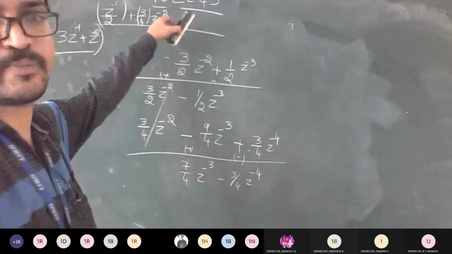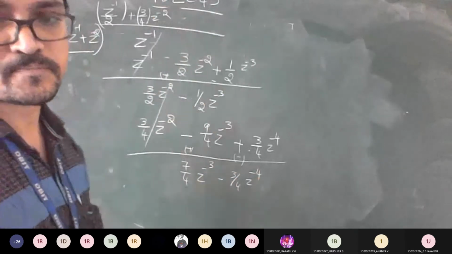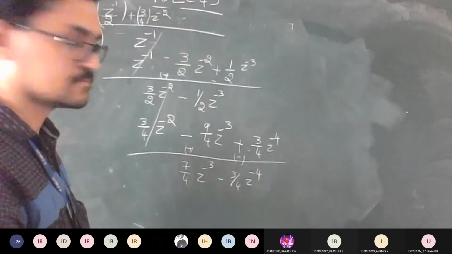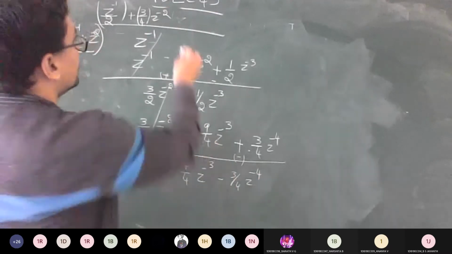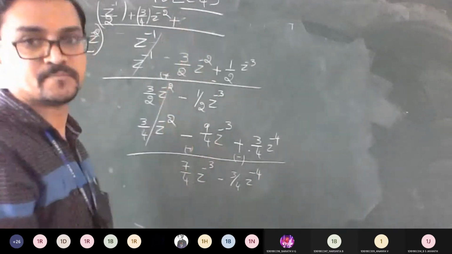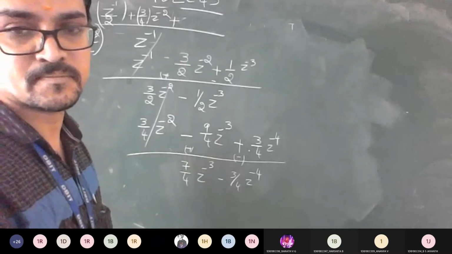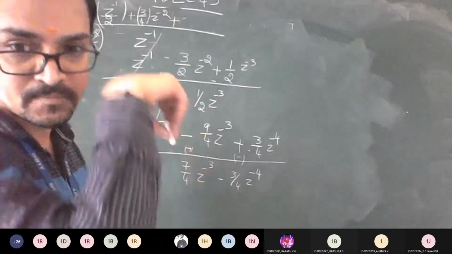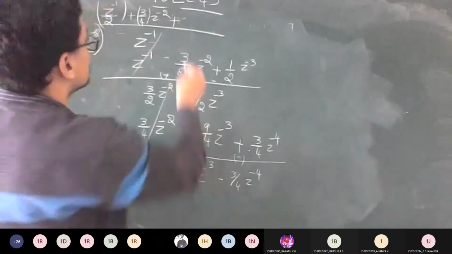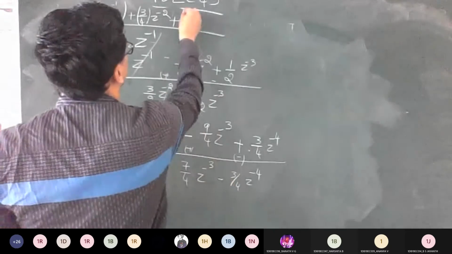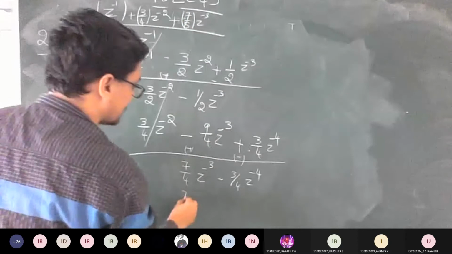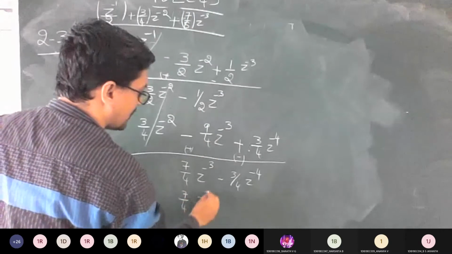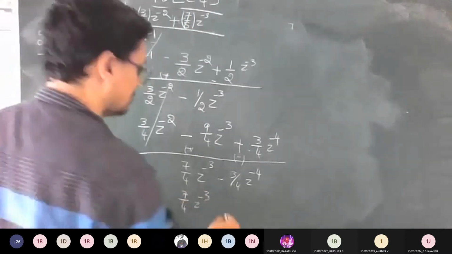Okay. What number should I multiply here now? Seven by 8 z power minus 3. Good. 7 by 8 z power minus 3. Correct? If you multiply that, I am going to get 7 by 4 z power minus 3. So I hope you know the logic now, everyone.